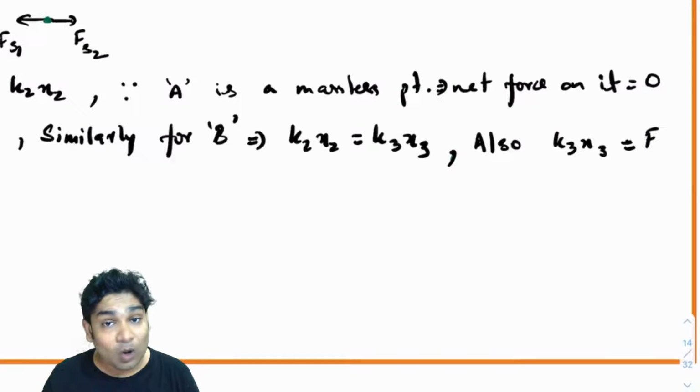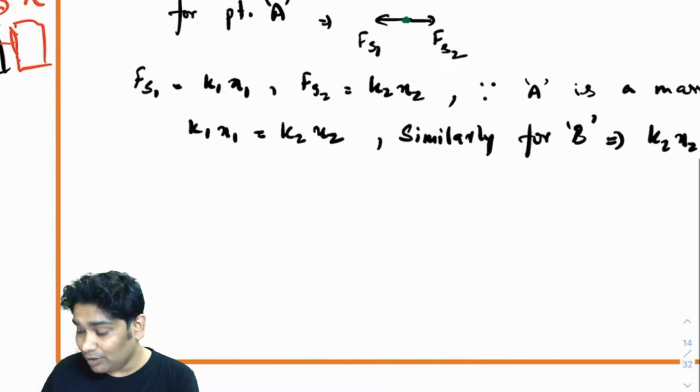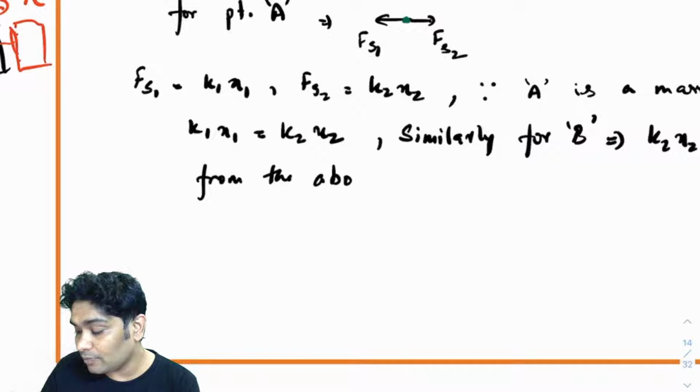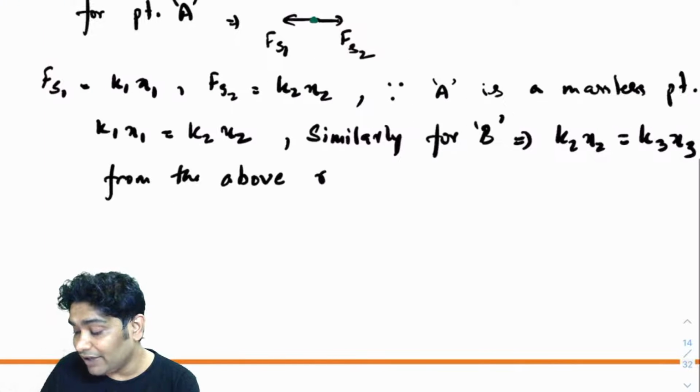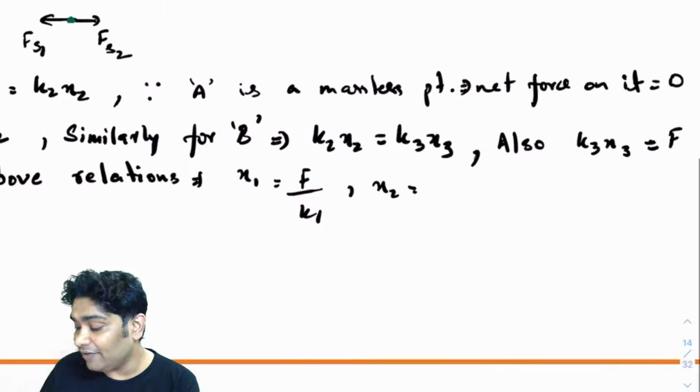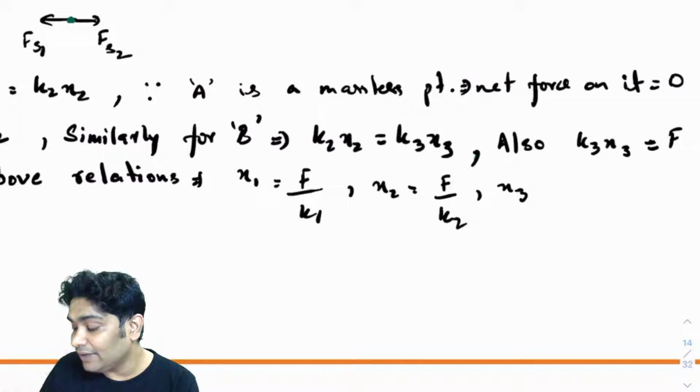So from here, what all can I say? From the above relations, I can say that x1 equals F over K1, x2 is F over K2, and x3 would be F over K3.